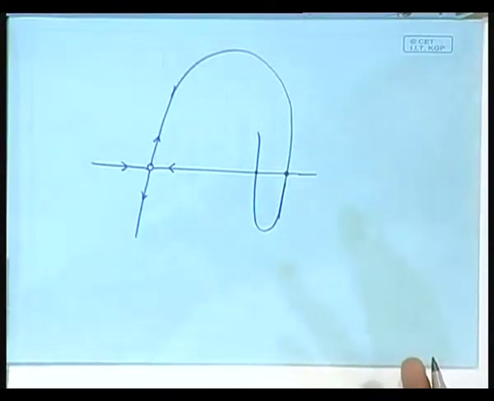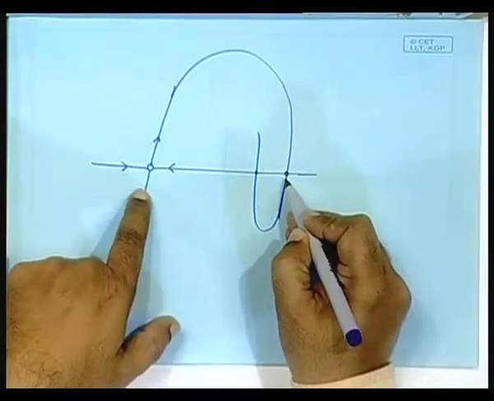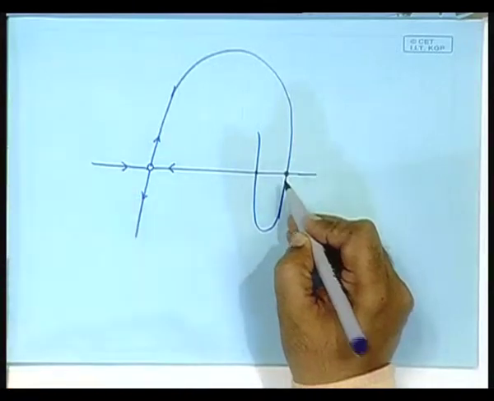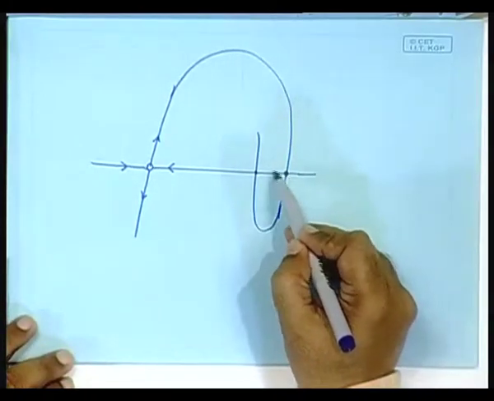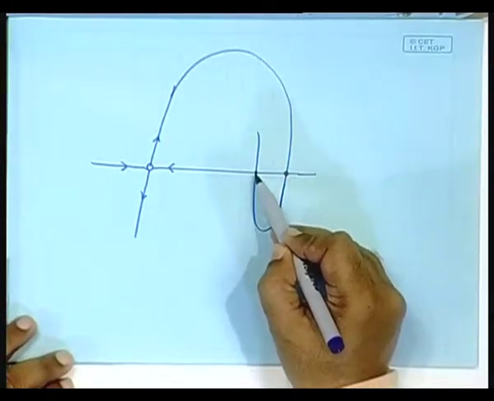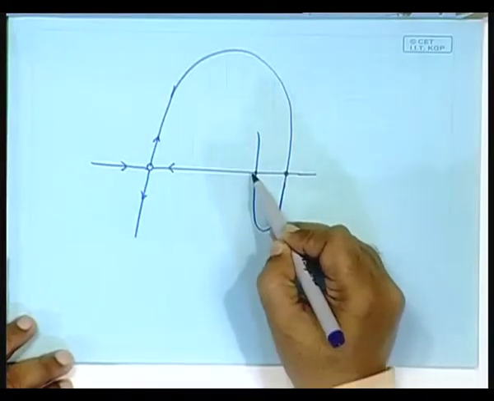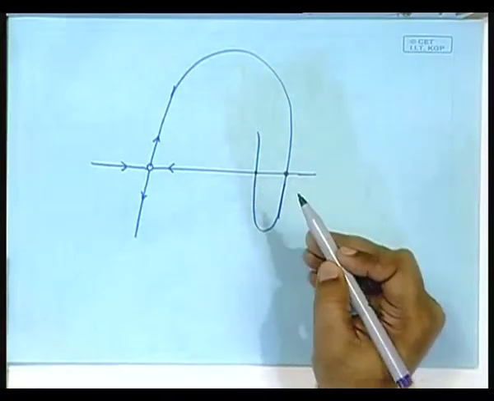It cannot map to itself, because if it maps to itself, it becomes a fixed point. The fixed point was here, right? The only way that you can have this point mapping to this point is that the point where it mapped to must also be a point of intersection between the stable and the unstable manifold.